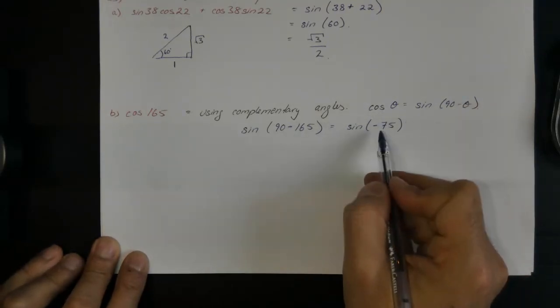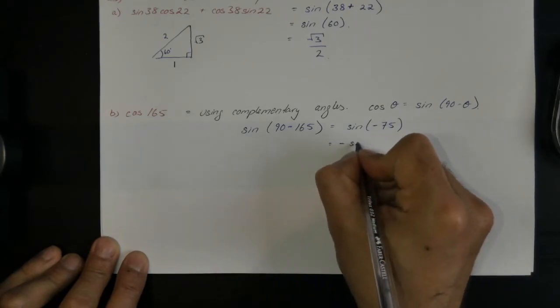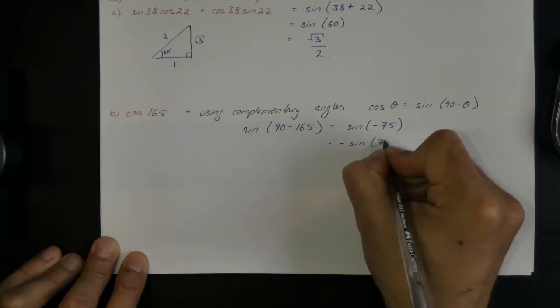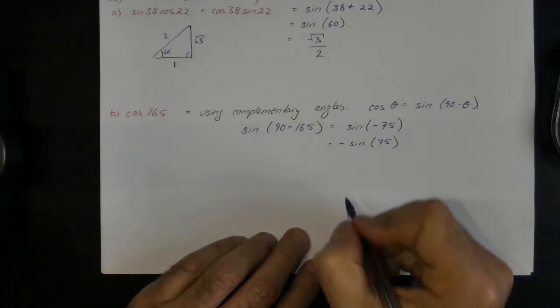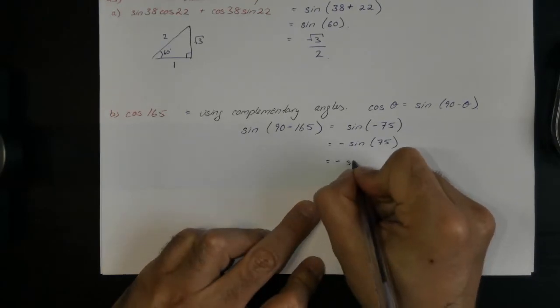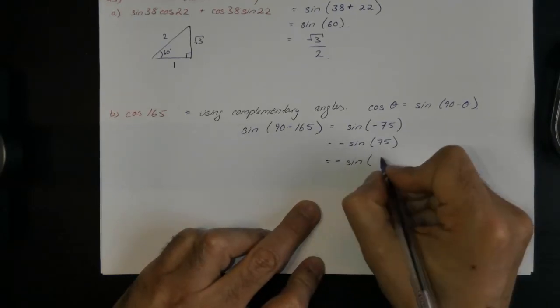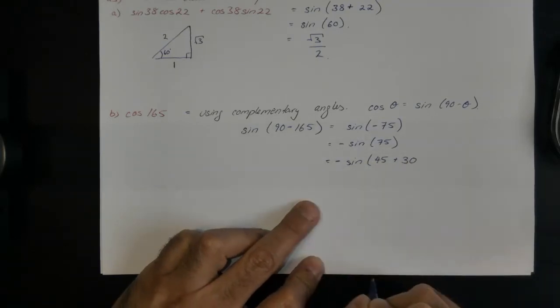Now, because sine is an odd function, that's the same as negative sine of 75. And we like this because 75 really is, if I just write negative there, sine of 45 plus 30.